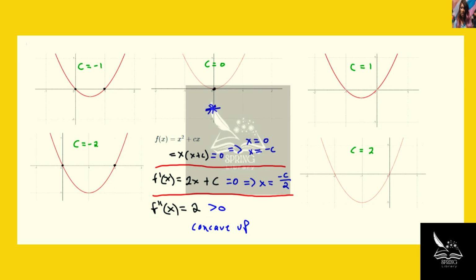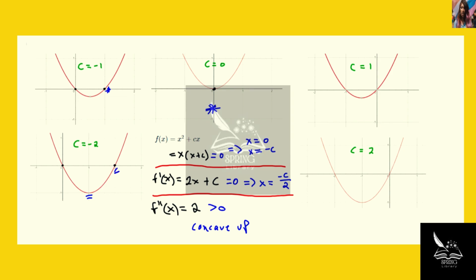Now, when c is -1, our vertex shifts down and to the right, as well as we get an extra x-intercept at 1, which is exactly what we would expect. When c is equal to -2, it shifts halfway in between those two values for c for our vertex. So it's now at 1, and we get our x-intercept over here at 2.